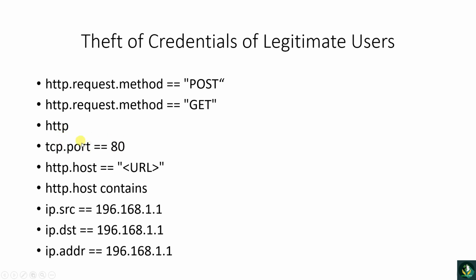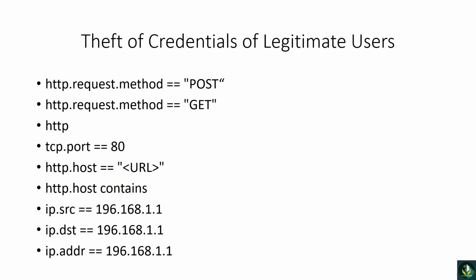And another option is to display all HTTP traffic, because HTTP traffic is mostly on port 80, and this one is for searching for requests to a specific site. You can type any specific site you want to search, and this one searches requests to a specific site by name.